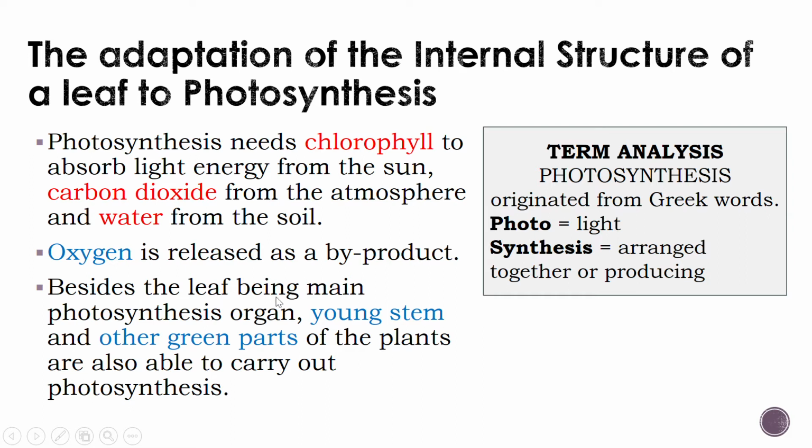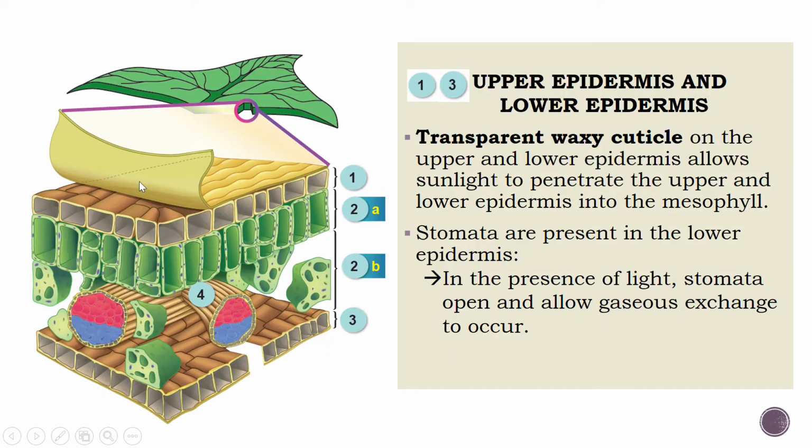So besides the leaf being the main photosynthesis organ, young stem and other green parts of the plants can also carry out photosynthesis, as long as they are green, having this green pigment, chlorophyll.